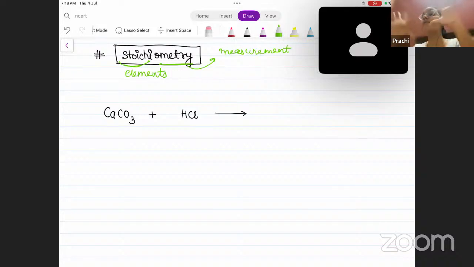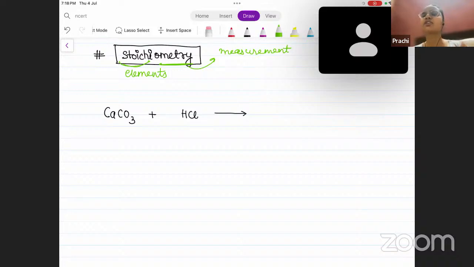Because now you know everything about moles: how to convert mass to moles, mole to mass, number of particles, and also volume to mass, mass to volume, volume to particles, and particles to mass.